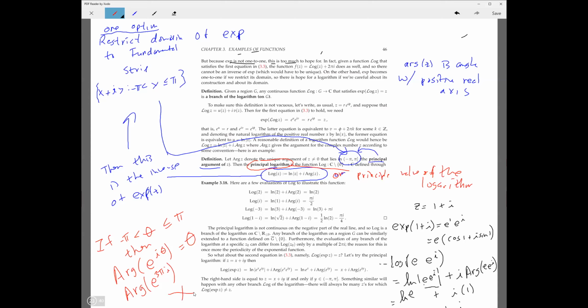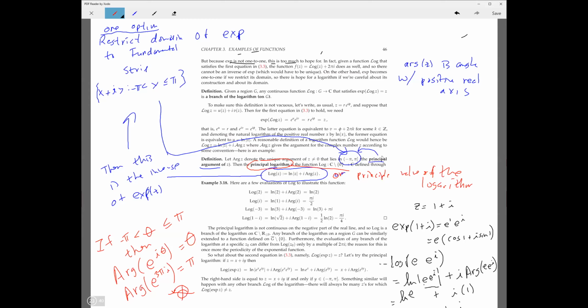Okay, so 3 pi is going to be, you go around once and then all the way back to here, right? That's actually just going to be pi, because 3 pi is the same angle as pi. Okay, so this is the angle, but to be the principal value, you want the angle between negative pi and pi.